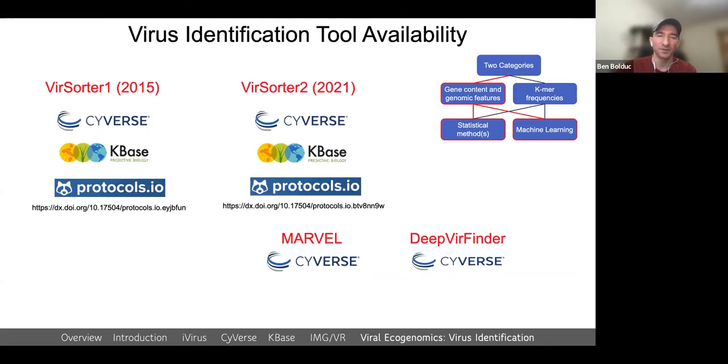I should have probably put a slide for this, but a lot of the gene content, genomic features, whatever, perform much better at 5 kb and above. So if you have viral genomes that are 1 kb, 2 kb, 3 kb, there's often not enough genomic content to make statistically confident predictions.